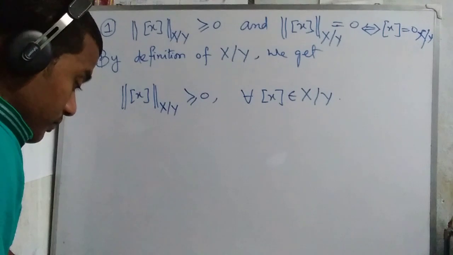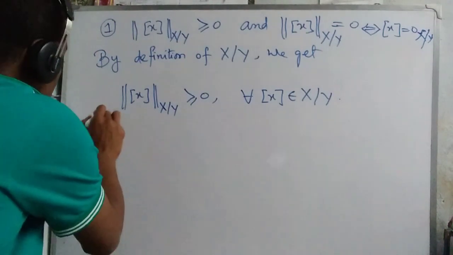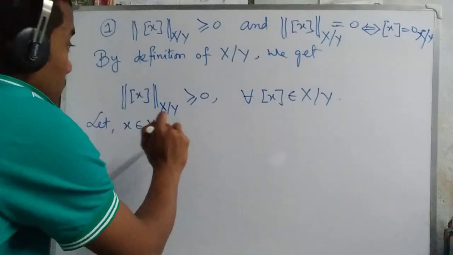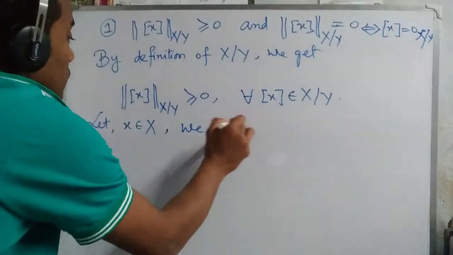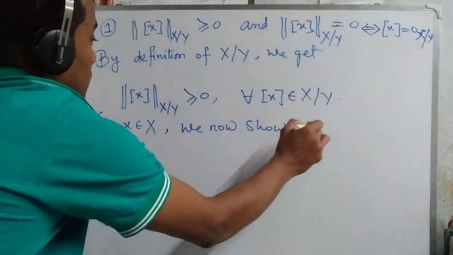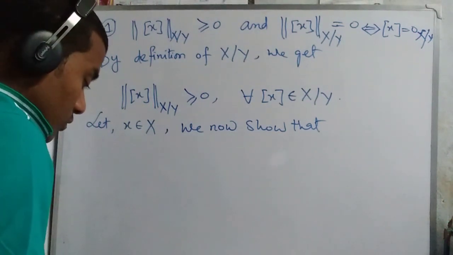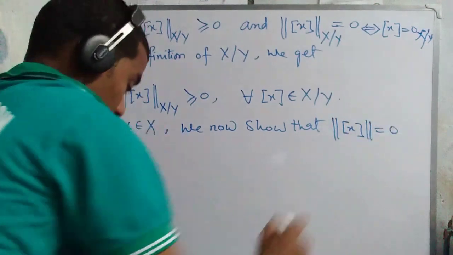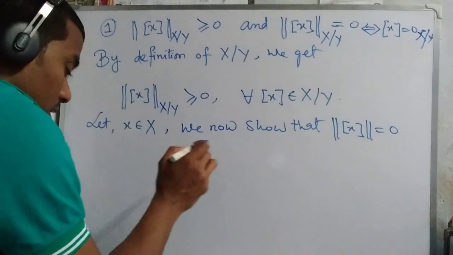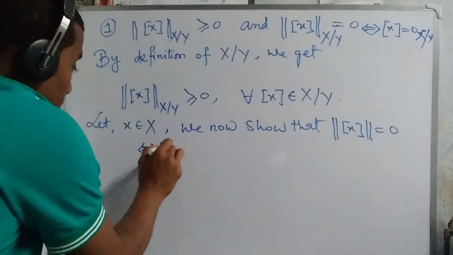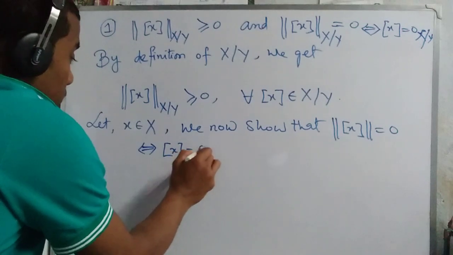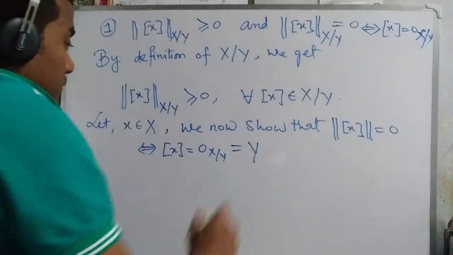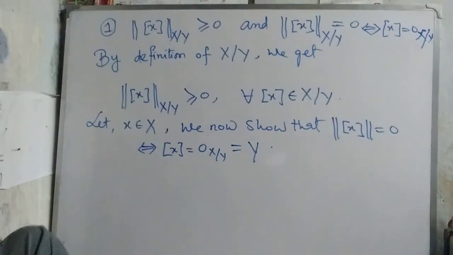Then let x belong to X, and we now show that norm of [x] equal to 0 implies [x] equal to 0, this one means Y. So we show this one.